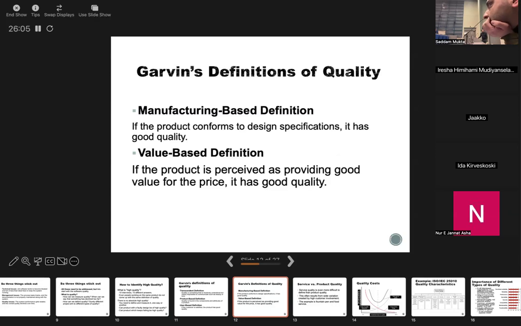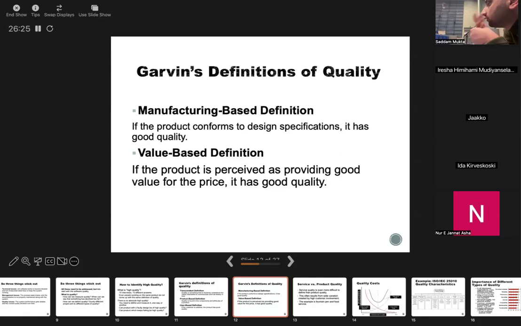Value-based definition. For example, say one running shoe might cost maybe 1,000 euro. Definitely, how it has been constructed doesn't matter. But one running shoe at 1,000 is definitely very high.